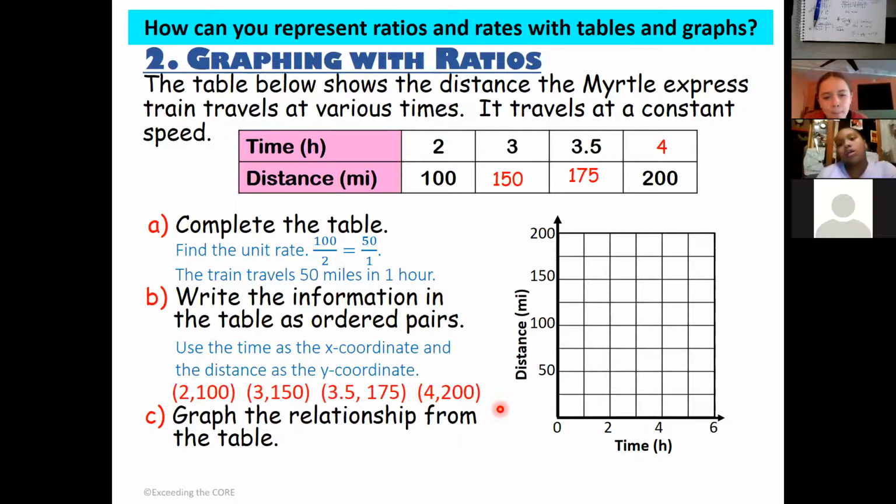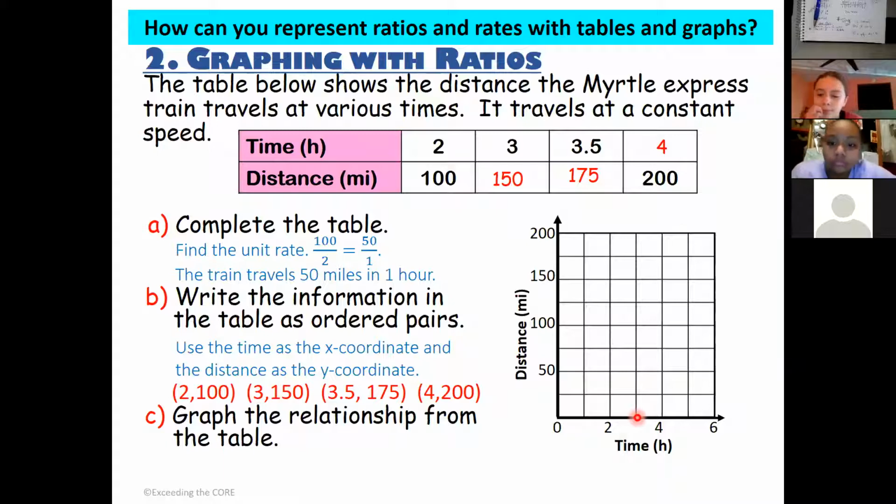So our first one would be 2 coming first because it is on the x-axis right here. And then 100. So we'd go over to 2, we'd go over to 100. Right there is where I'd put a dot. My next one would be 3 and 150. So where is 3? I only see 2 and 4. Where would 3 be? In the middle of 2 and 4.